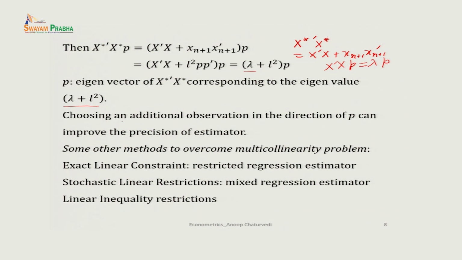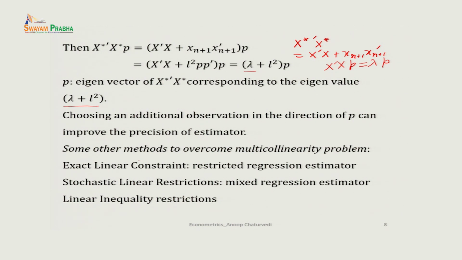So, choosing an additional observation in the direction of p can improve the precision of the estimator. Of course, it may not always be possible for you to choose an observation in the direction of p, but if it is possible, this is one of the possibilities to resolve the multicollinearity issue.